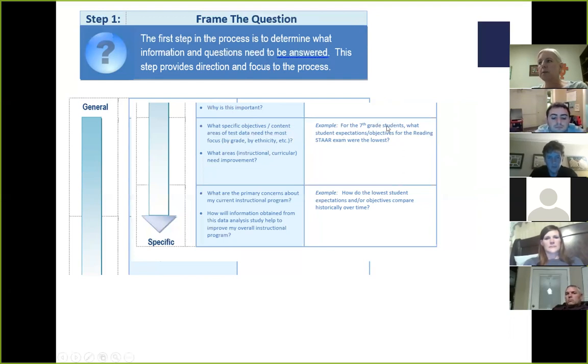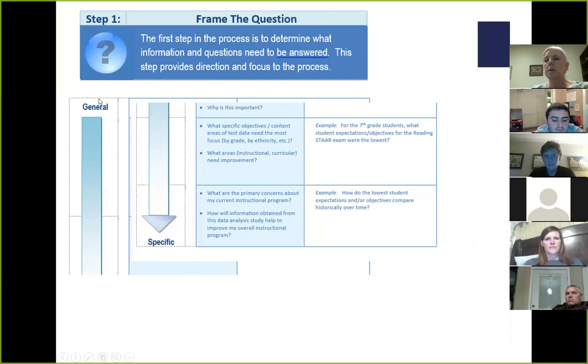So, for example, 7th grade students, what student expectations or objectives were our lowest? And again, you've got to break it down to the individual student. And then finally, what are your primary concerns about the instructional program? And how will information obtained from this data analysis study improve your overall program?